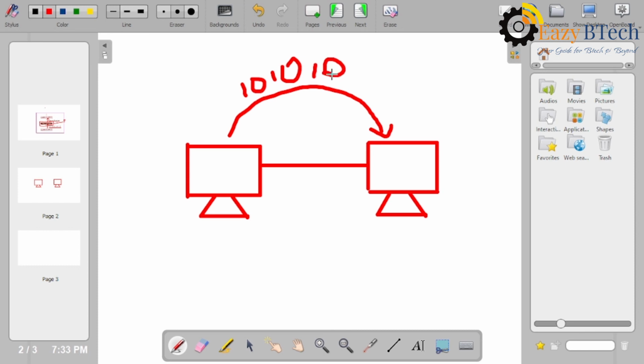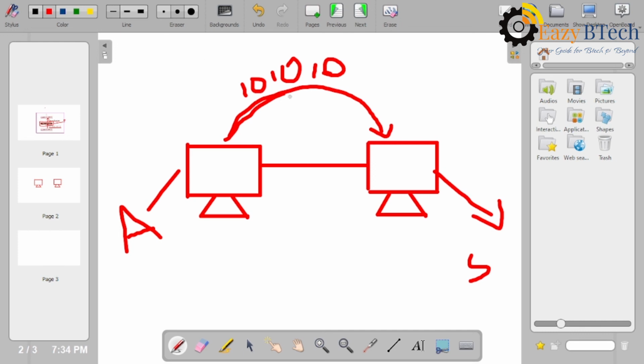Here, flow control means when the sender system is in an active stage and the receiver system is in a non-active stage, meaning a slow system, I'm sending the data continuously and the receiver receives the data slowly. In between transmission, there is a chance of data overflow. To control that data overflow and to control data loss is the main responsibility of the data link layer.